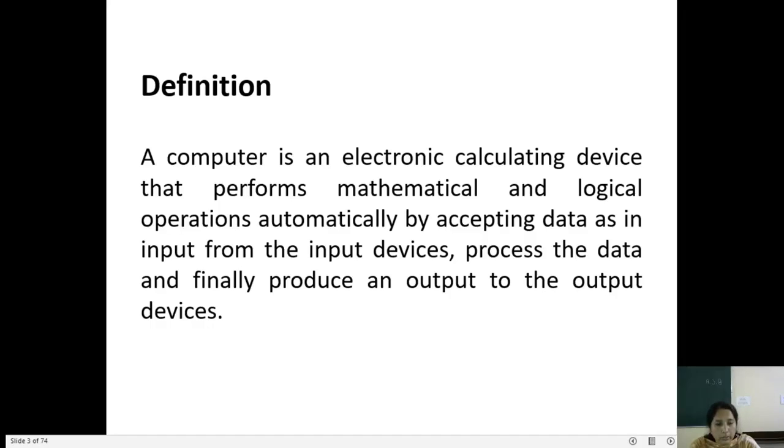It is one of the important devices which helps the user not only for processing, not only for storing, it also helps the user to display as well as to store the information for our future purpose.